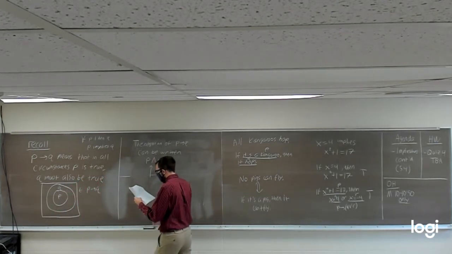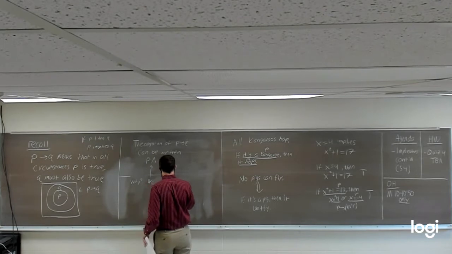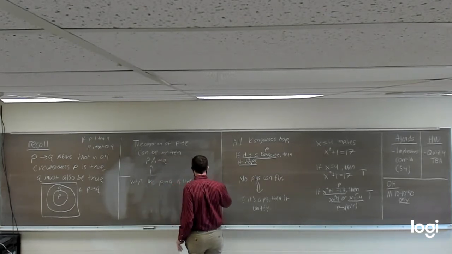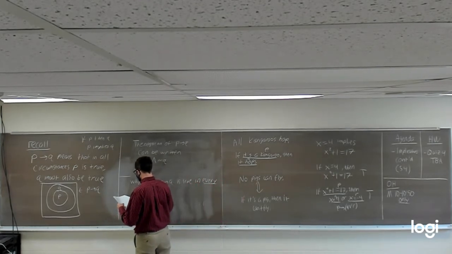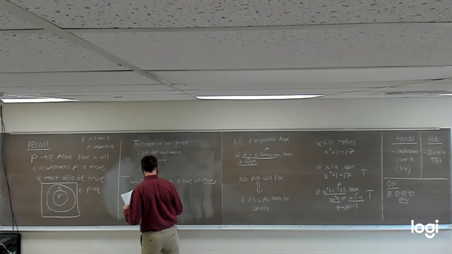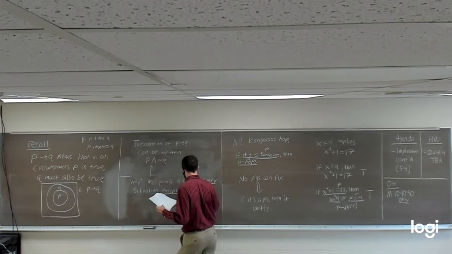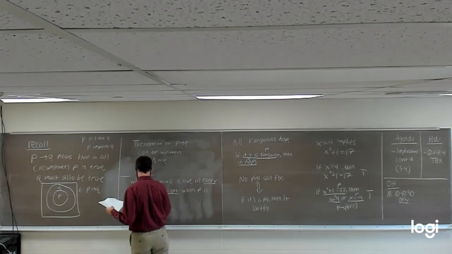So I would write this down as saying, why is this? Because P implies Q is true in every situation except when P is true and Q is false.